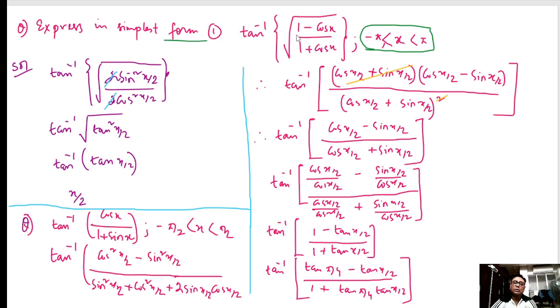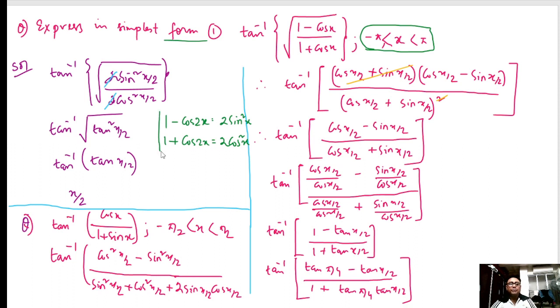Please note here, 1 minus cos 2x is 2 sine square x, and 1 plus cos 2x is 2 cos square x.